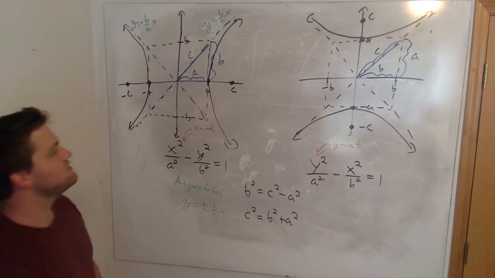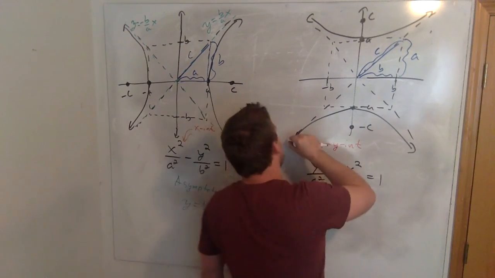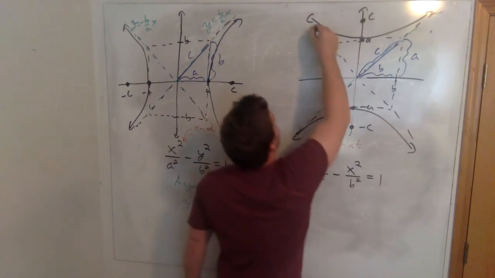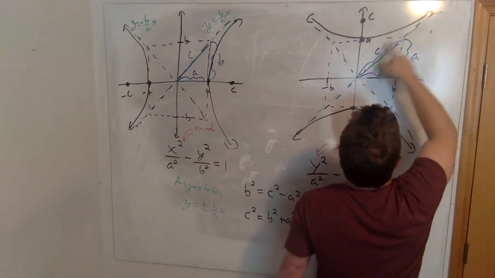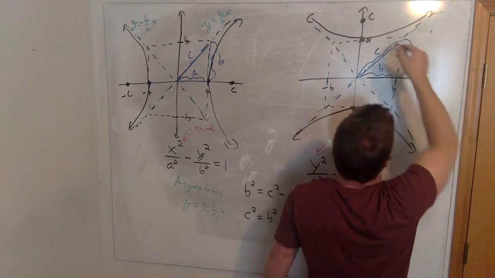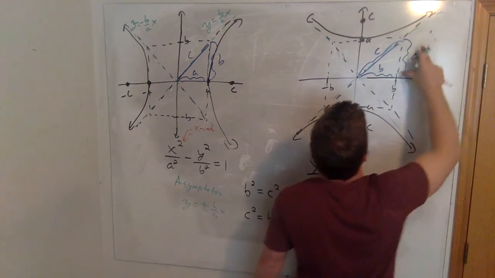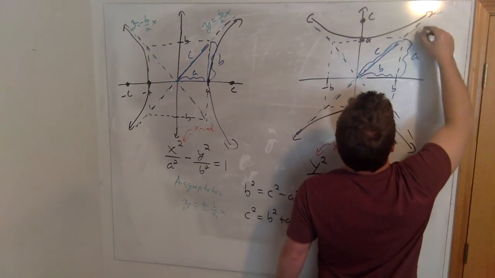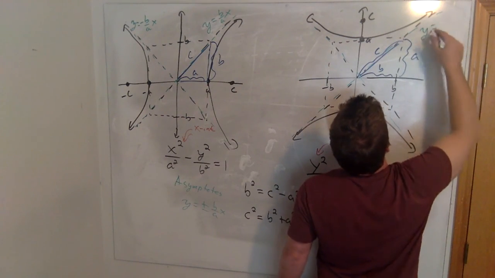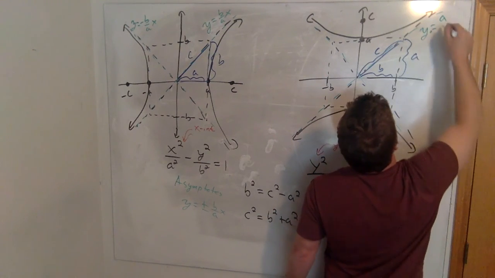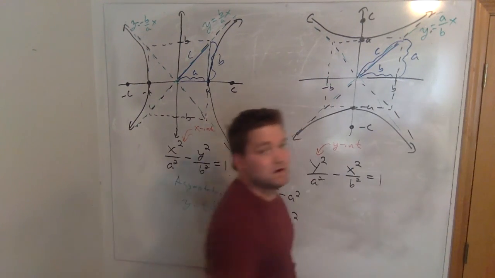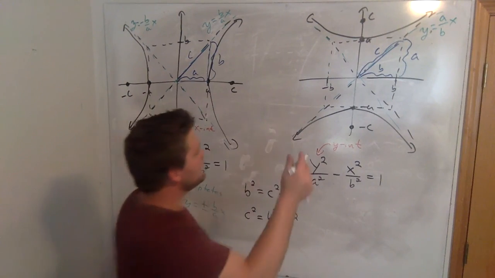How about for this orientation? We have this asymptote and this asymptote. Looking at this nice right triangle we discovered, what's the rise? The rise is A, the run is B. So this will be y is equal to a over b x.